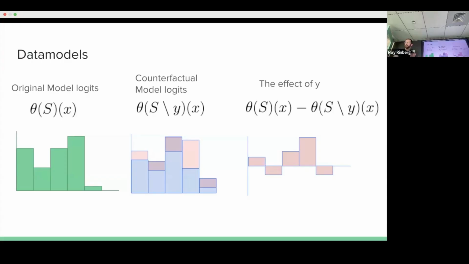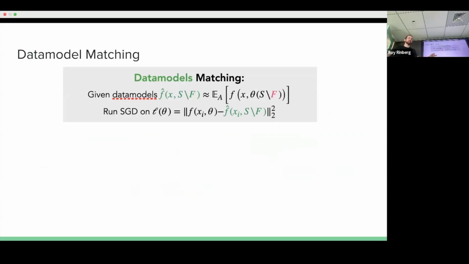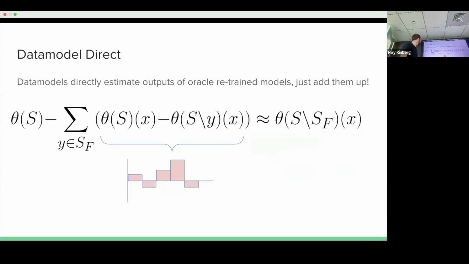If you read the papers prior to this work, they're not computing a vector, they're computing just the scalar of the correct class. The point of that is they're just trying to ask what points matter. They're not trying to ask how much they matter in specific directions. But now you've kind of already solved your problem if you have access to data models, because I'll show you the slide.